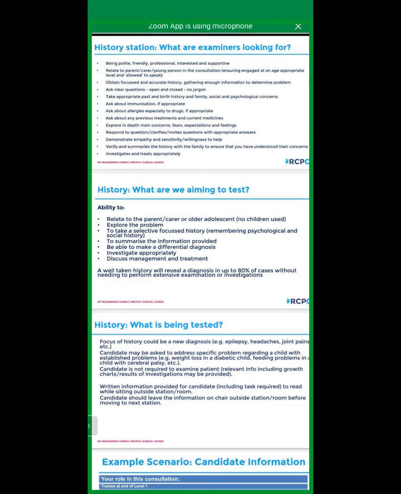You cannot leave any headline of the history, because this is your history station. When we say focused history, it doesn't mean, okay, he's a 14-year-old, what's the need for me to ask about birth history? No, you need to ask about the birth history, suppose there was something significant there. Or I don't need to ask about his development, he's going to school, he must be fine.